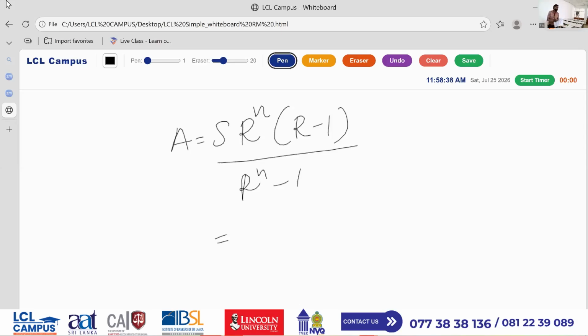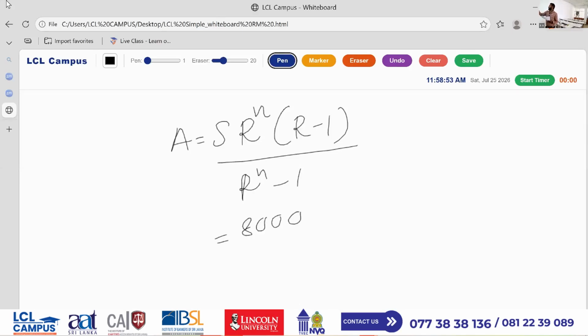Here the capital R means 1 plus simple r, okay? Capital R means 1 plus simple r. S means the loan amount. Here what is the loan amount?